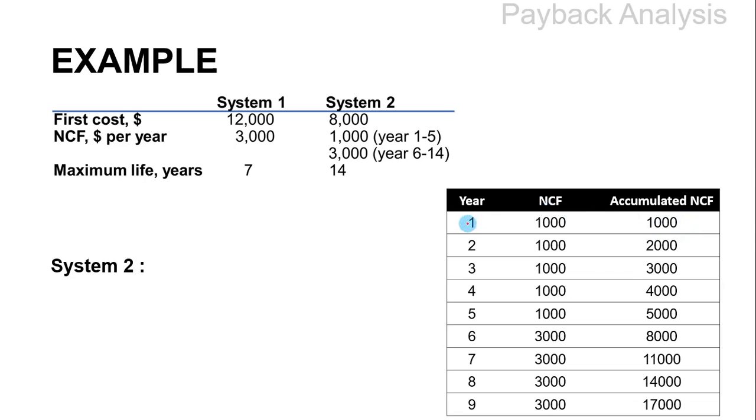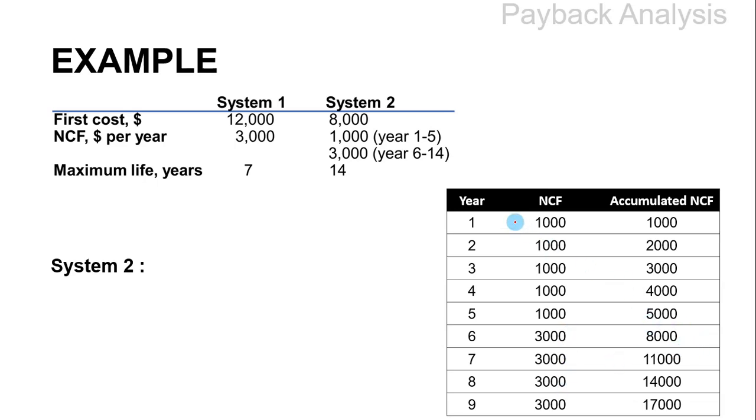For example, in year 1, we have a net cash flow of 1,000, and in year 2, another 1,000, so our accumulated net cash flow becomes 2,000. And so on until year 5, where we have a net cash flow of 1,000 and our accumulated net cash flow is 5,000. But in year 6, we have a cash flow of 3,000, which makes our accumulated net cash flow 8,000.